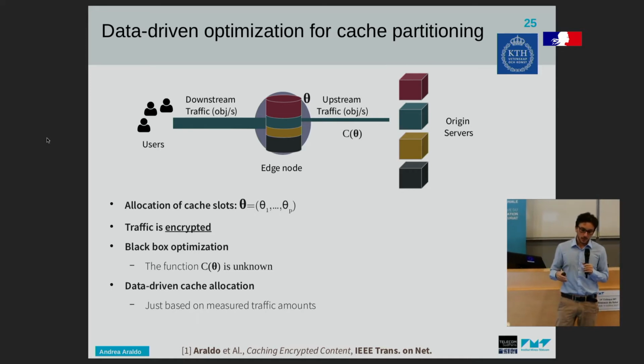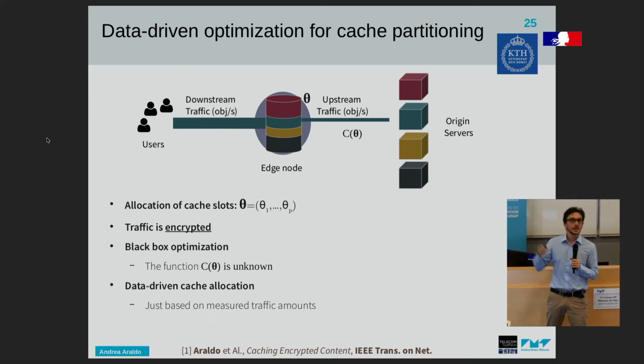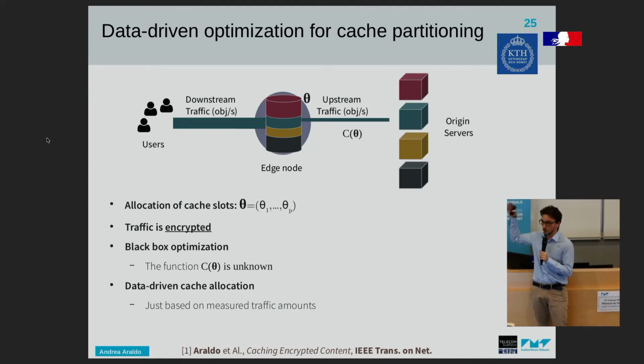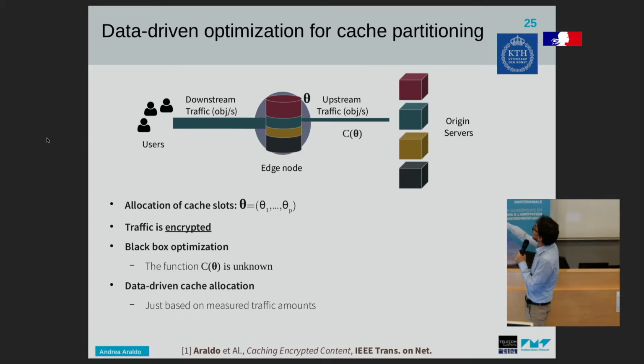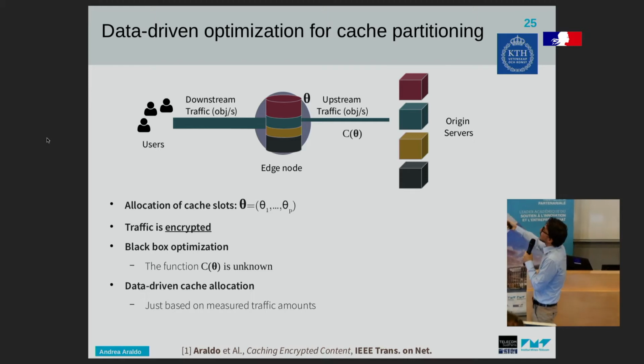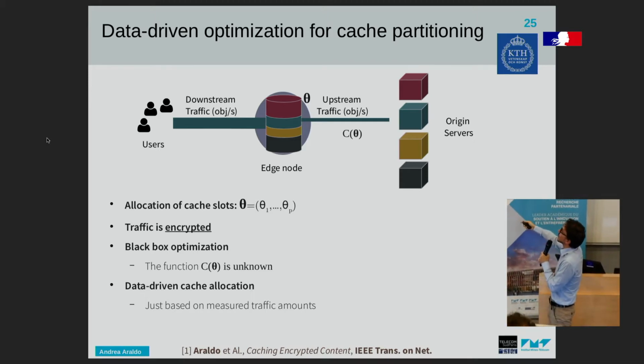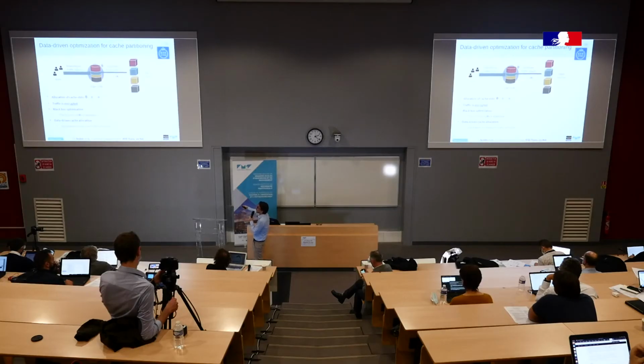Then if the requested content is in the cache, it is served directly at the edge. Otherwise, it must be retrieved from the cloud or from the origin servers, generating upstream traffic. And so the network operator has to pay for this upstream traffic. This is why we assume that the goal of the network operator is to find the right cache allocation that minimizes the upstream traffic.